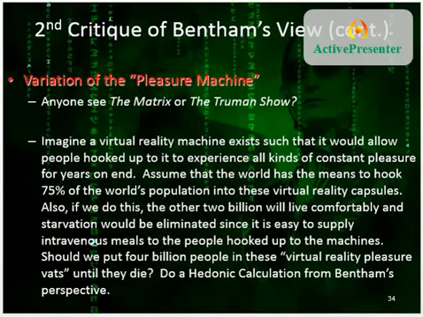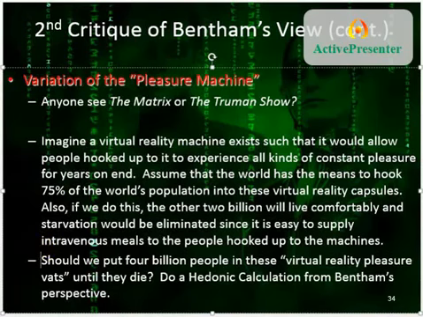Assume that the world has the means to hook 75% of the world's population into these virtual reality capsules. Also, if we do this, the other 2 billion people will live comfortably and starvation would be eliminated, since it is easy to supply intravenous meals to the people hooked up to the machines. The moral question: should we put 4 billion people out of 7 in these virtual reality pleasure vats until they die? So do a hedonic calculation from Bentham's perspective.